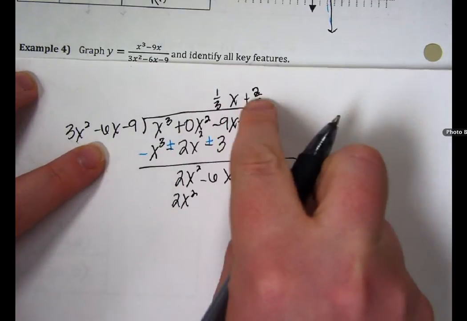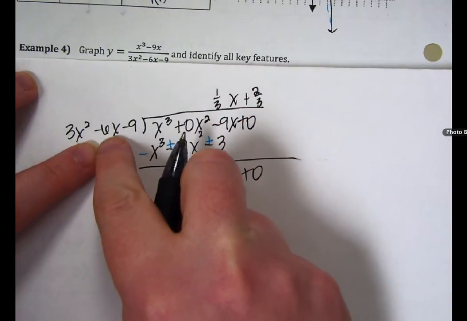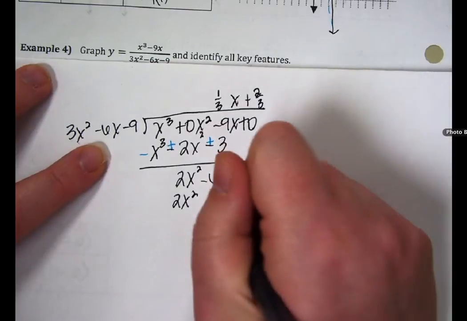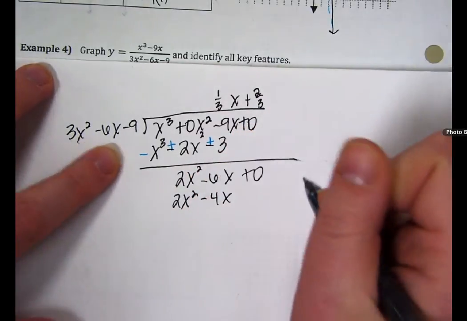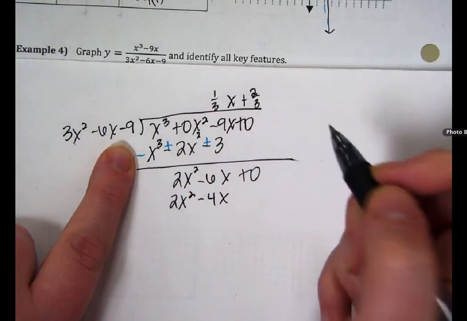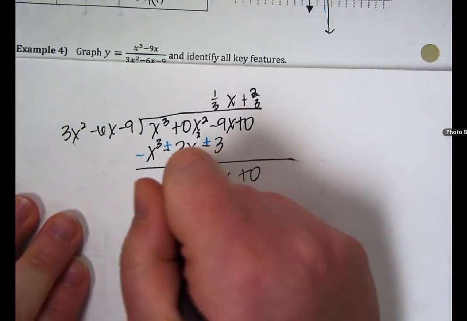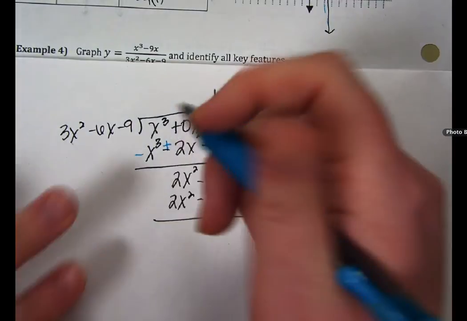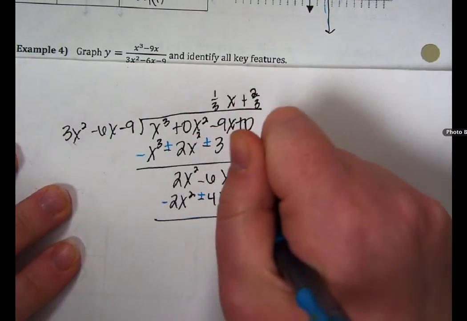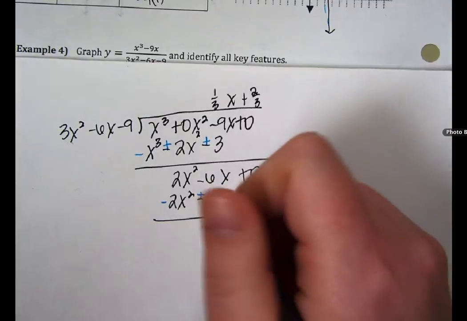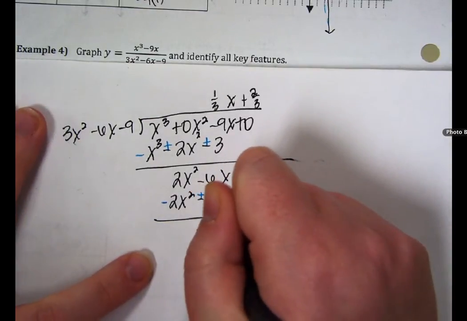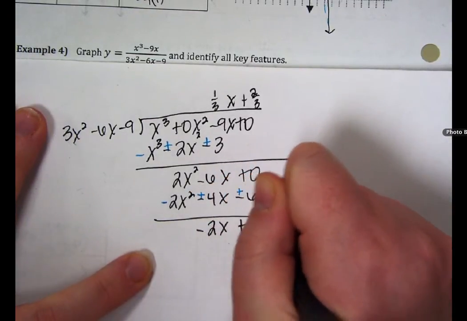And then 2/3 times negative 6 is negative 4x. And then 2/3 of negative 9 is negative 6. Change your sign and add. We end with negative 2x plus 6.